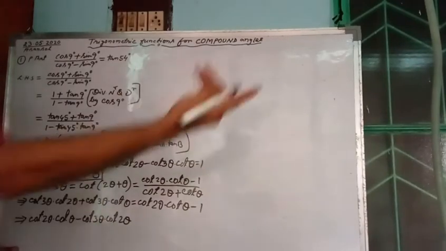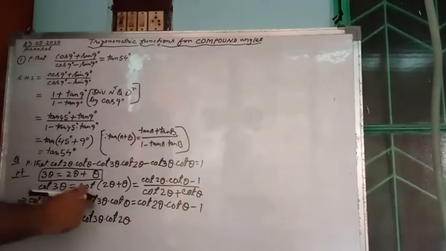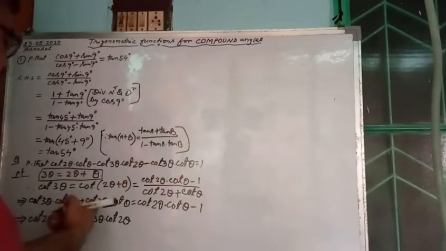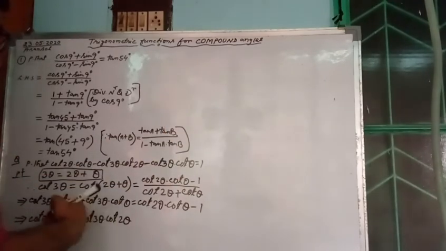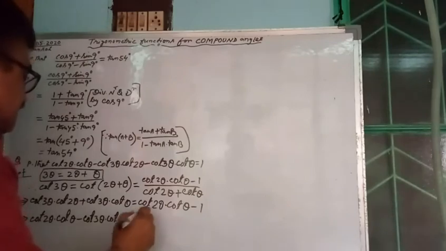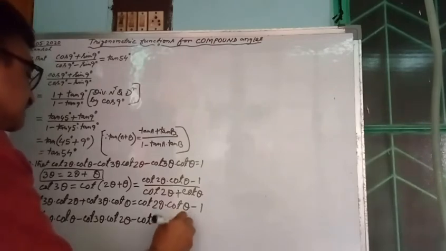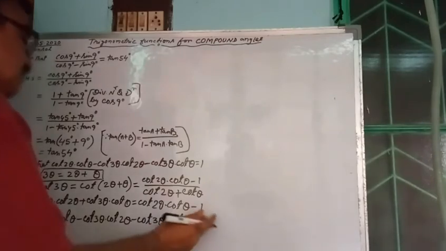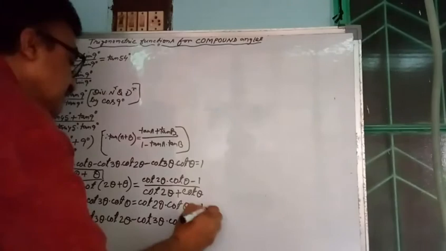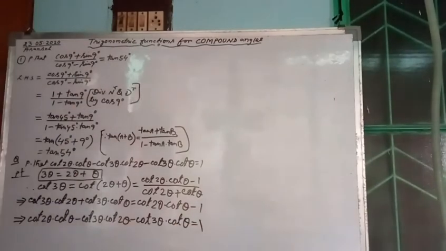This term also to that side, so minus cot 3 theta cot theta. So it will be cot 2 theta cot theta minus cot 3 theta cot 2 theta minus cot 3 theta cot theta is equal to 1. Bring the 1 here, so what will it be? Minus 1 will be plus 1. Proved.